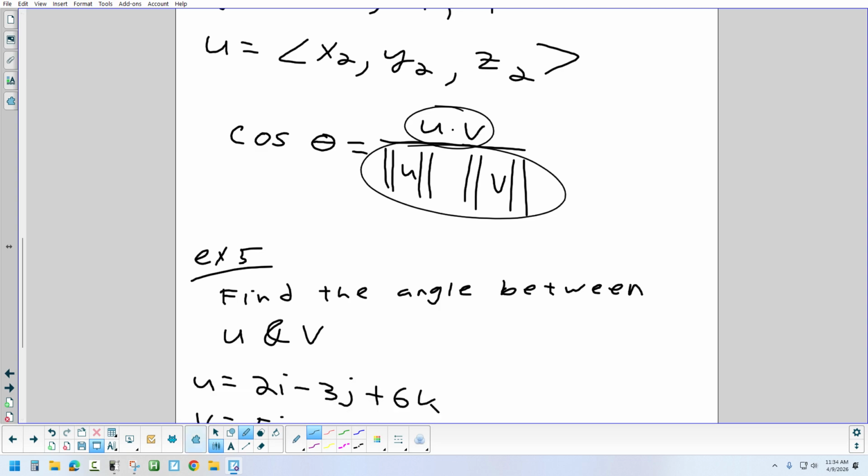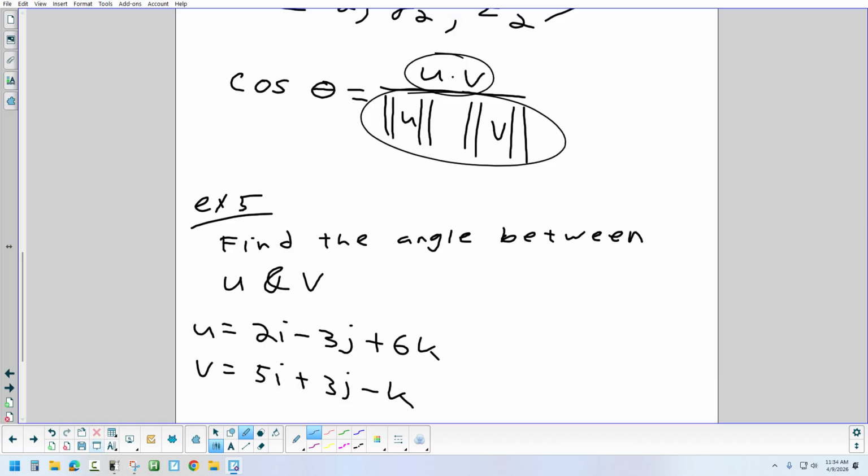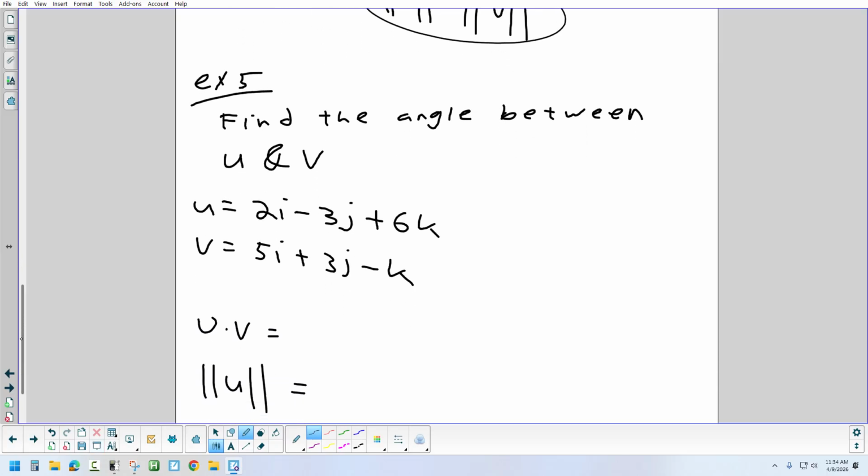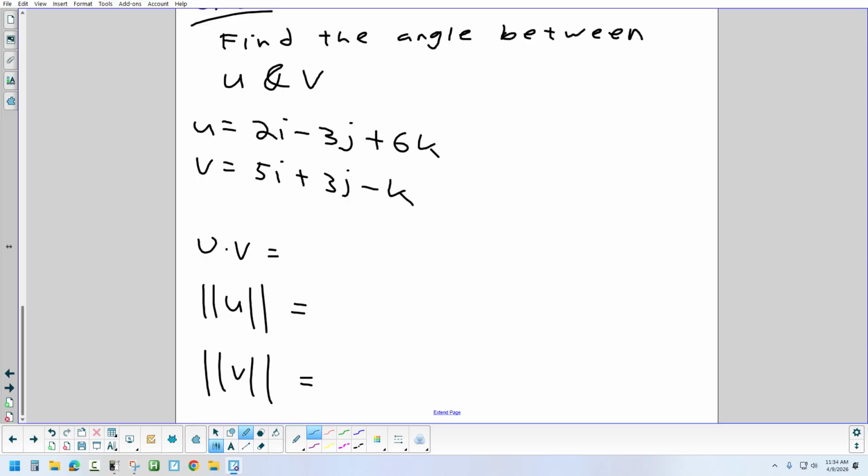All right, so let's find the angle between these two vectors: 2i minus 3j plus 6k, and 5i plus 3j minus k. Okay, so you can do them in any order you want. You've got to find all three.